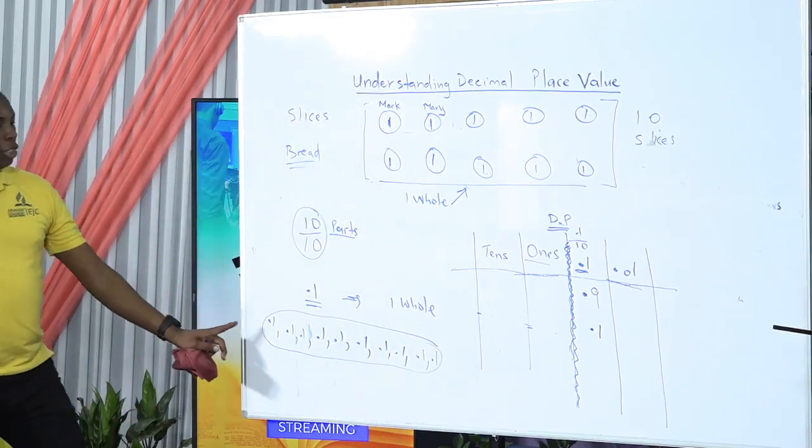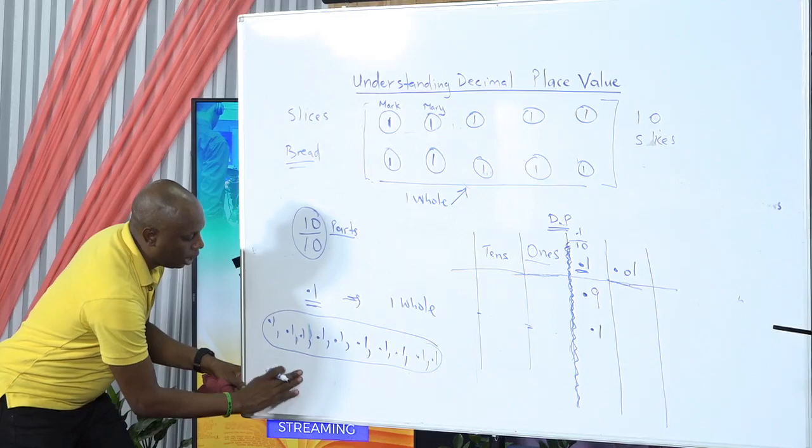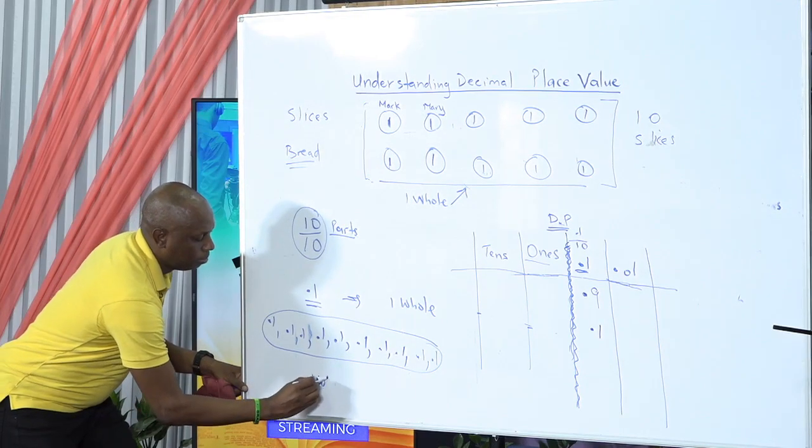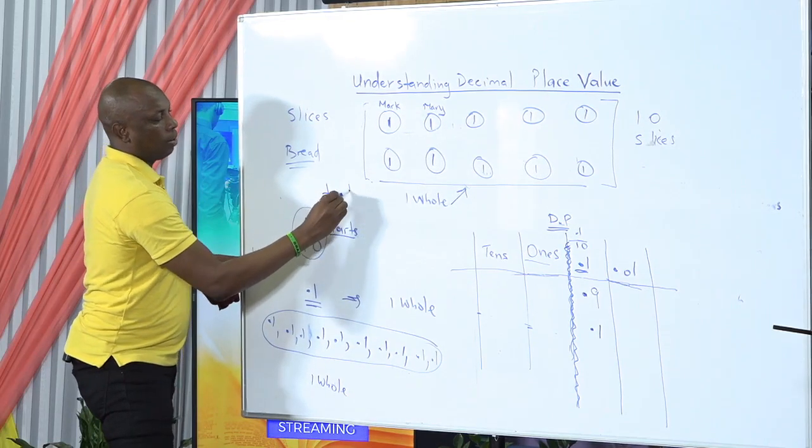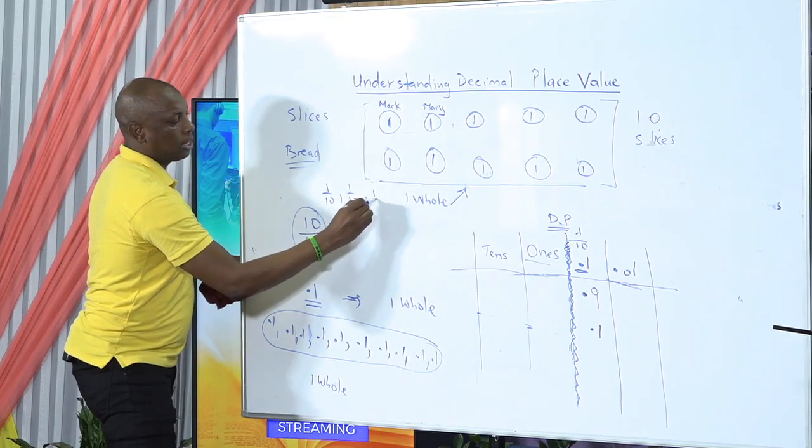If I were to write all 10 of them, they would give me 1 whole. And it's the same way with our fraction. If I had 1/10, I could have the 1/10 all the way.